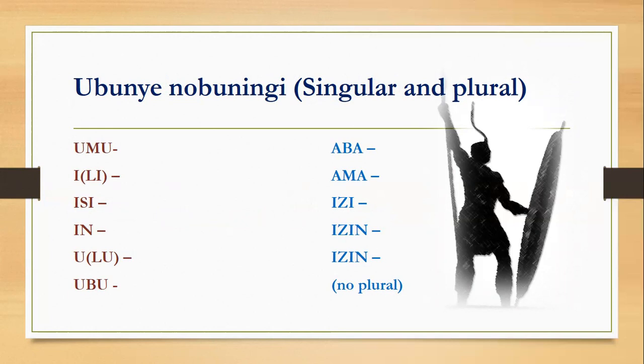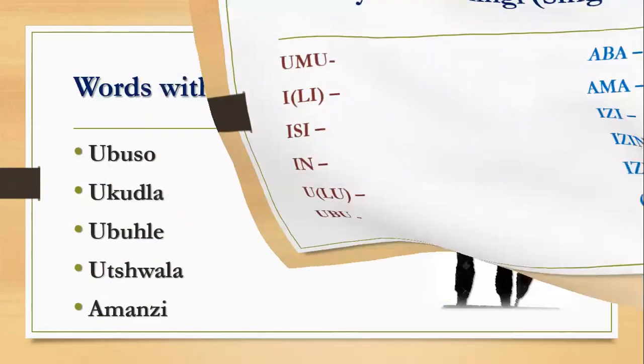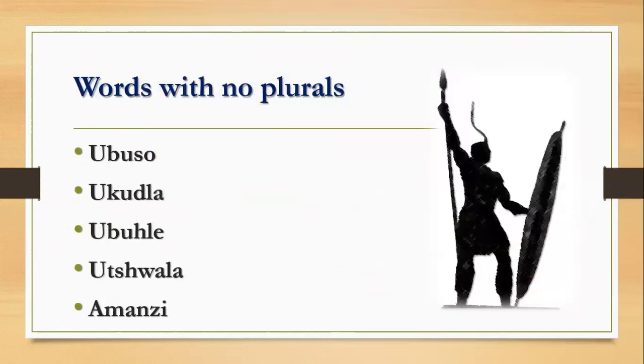So izin for u has got words like, for an example, upau would be izimbau, ufutu izimfutu. So I'll give you further notes on that as well for you guys to learn.